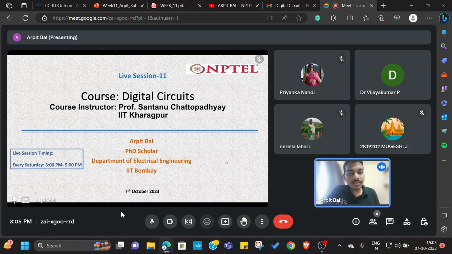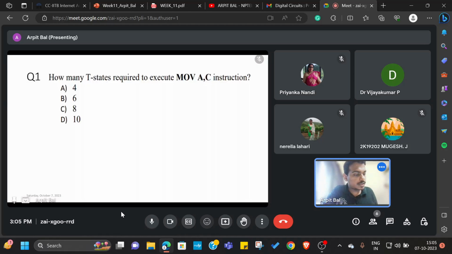In the previous live sessions, we covered basics of digital electronics, starting from the number system, floating point representation, logic gates, combinational circuits, sequential circuits, memories. In today's session, we will be covering more problems related to the 8085 microprocessor. Okay, with this brief introduction, let us start today's session.